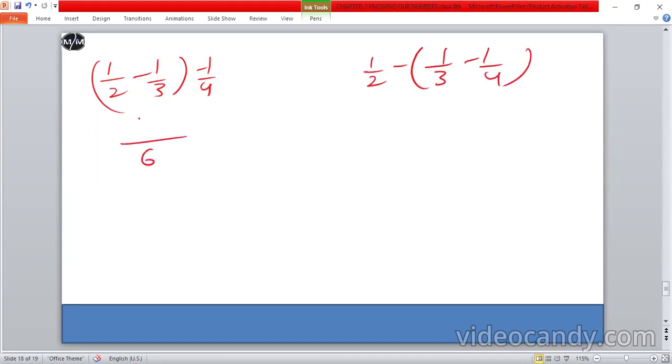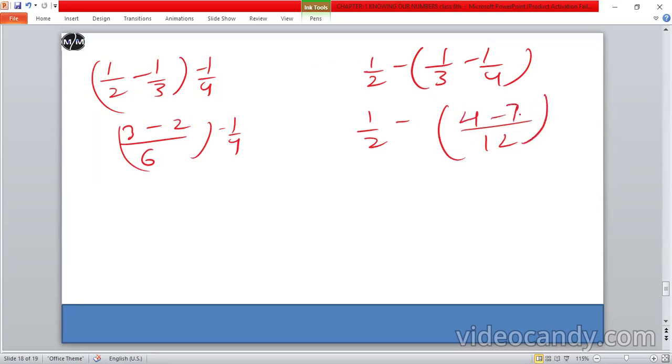In the first, 3 minus 2 by 6 is 1 by 6, minus 1 by 4. And here, 1 by 2 minus 1 by 12.